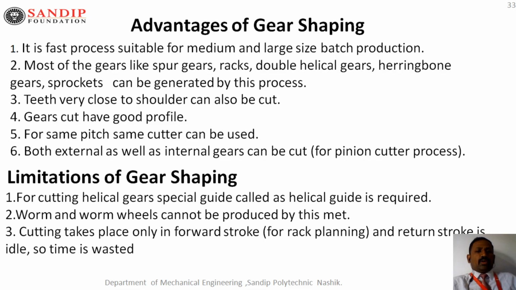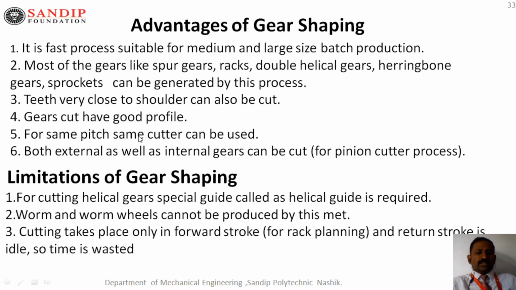The advantage of gear shaping is that it is a fast process, suitable for medium and large size batch production as compared to hobbing. Most gears like spur gears, racks, double helical (herringbone) gears, and also sprockets can be generated by this process. Gears very close to a shoulder can also be cut, whereas hobbing is not used for that extended portion, but here we can manufacture gears with a good profile.